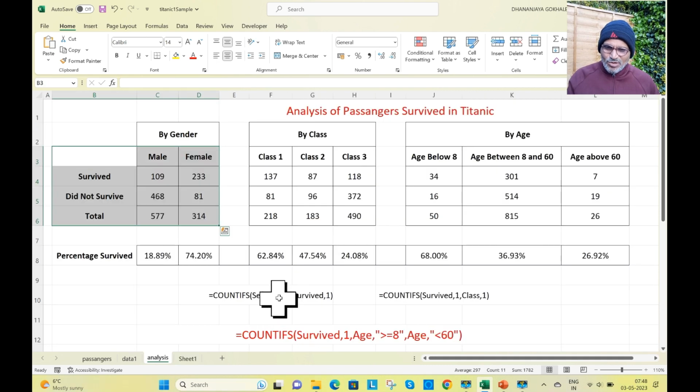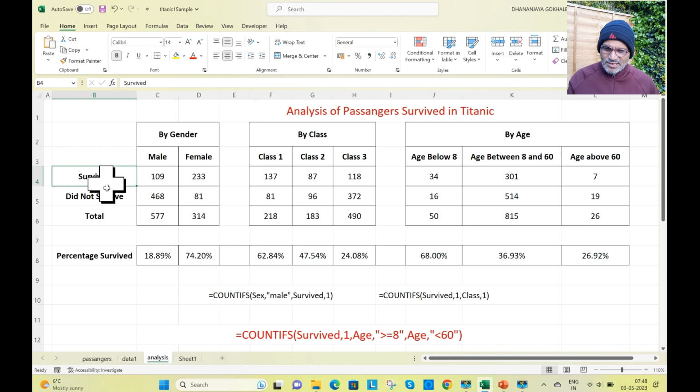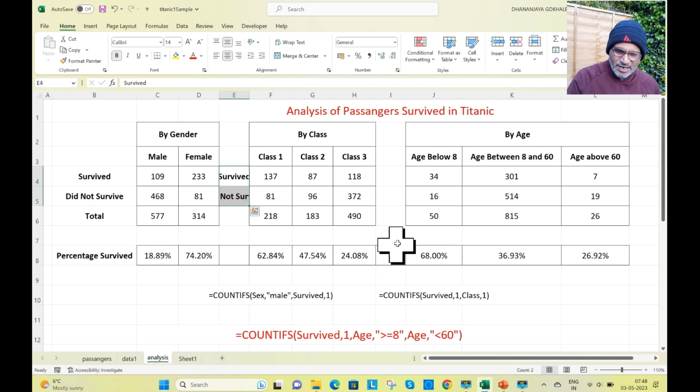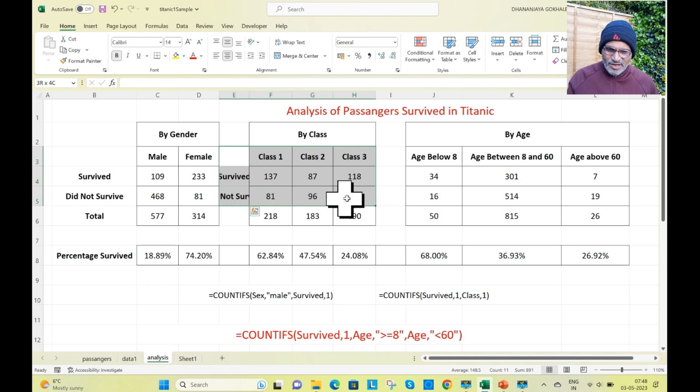Those of you who are familiar with charts will know we have got a common heading over here. So what I'll do is I'll just copy these two and paste it here. So now we could choose only these class wise, survived and did not survive.